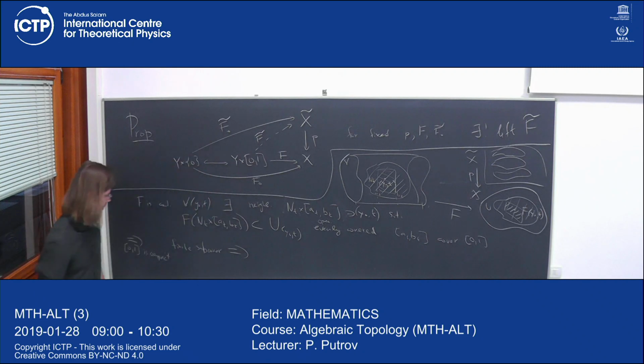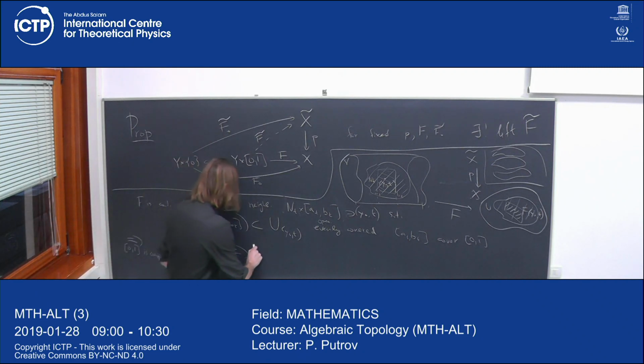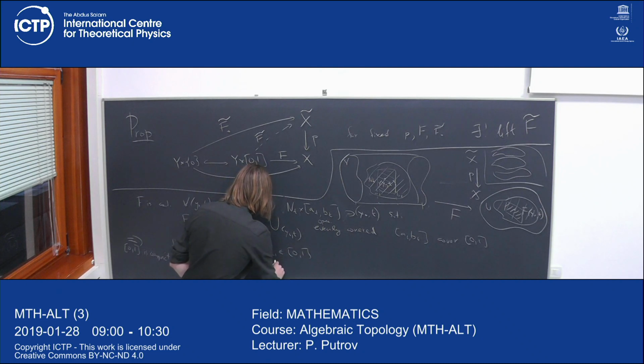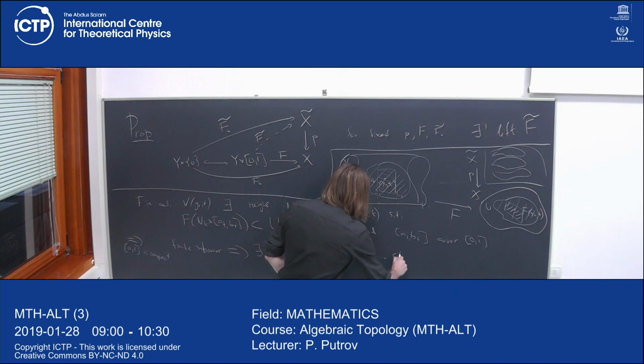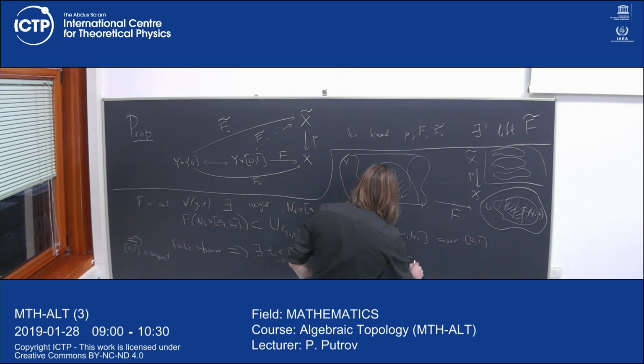And then it follows that there exist some points t_i, where i goes from 0 to, let's say, n, so that t_0 is 0, strictly ordered, and t_n is 1.